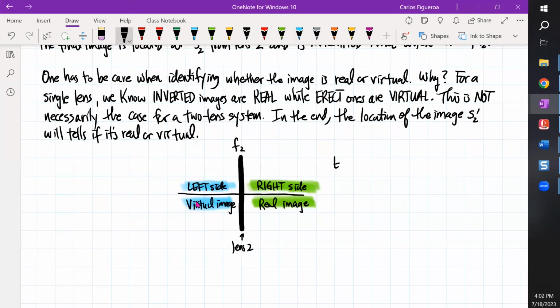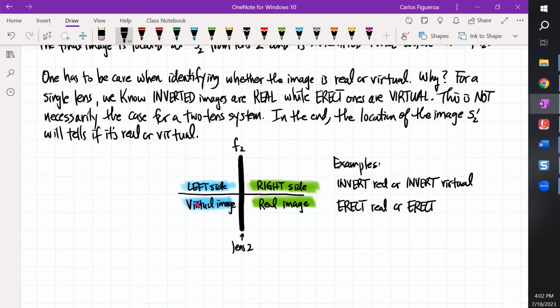So as examples, I can have inverted real or inverted virtual images, or I can have erect real or erect virtual. All of these possibilities exist.